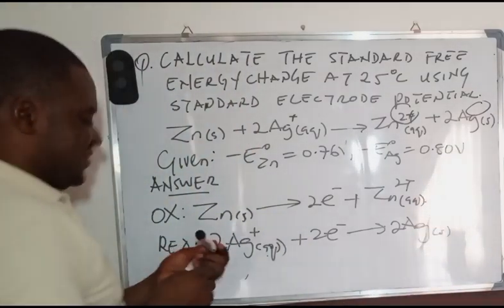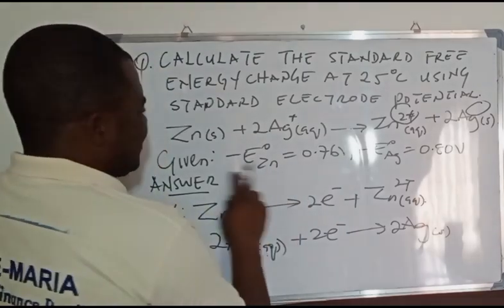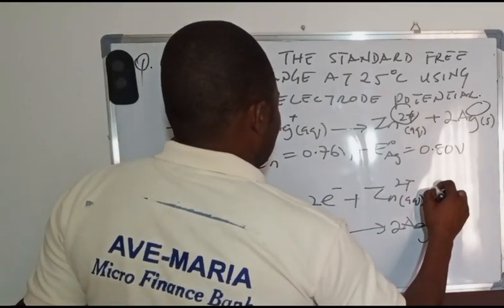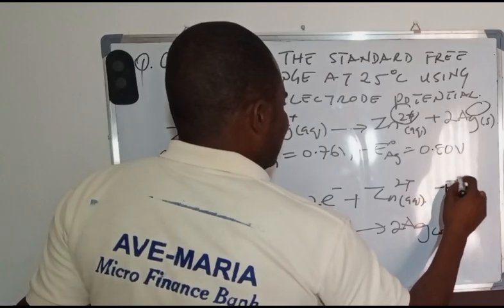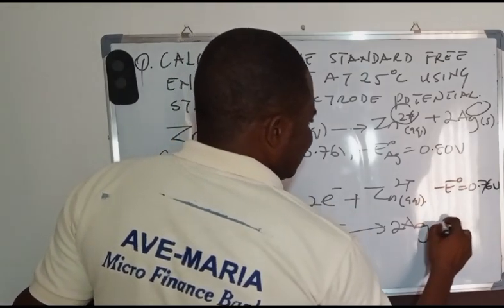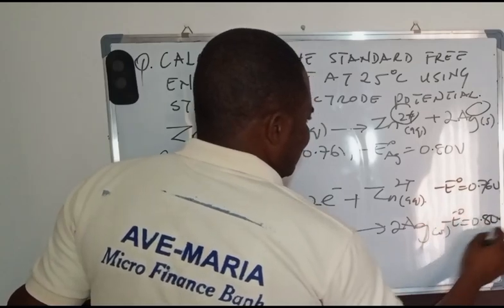Now we have that. Don't forget that the electrode potential for zinc is minus E0 equal to 0.76 volts, and this is minus E0 for silver, 0.80 volts.